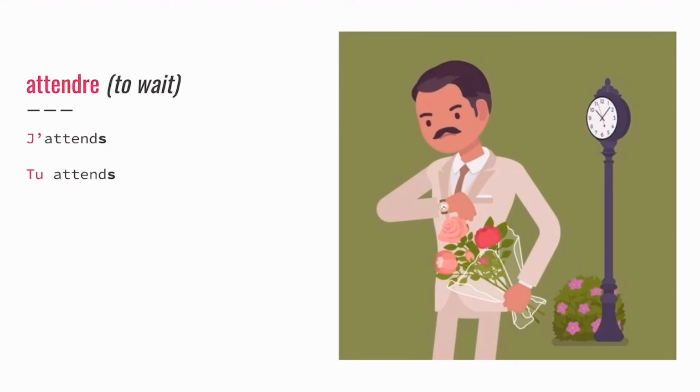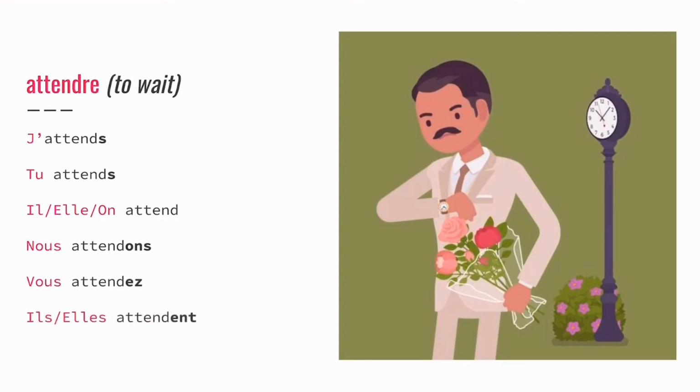For il and elle, you remove the RE. For nous, you remove the RE and put an ONS. And then for vous, it's an EZ. And then for ils and elles, it's an ENT. So it's fairly similar to ER verbs.